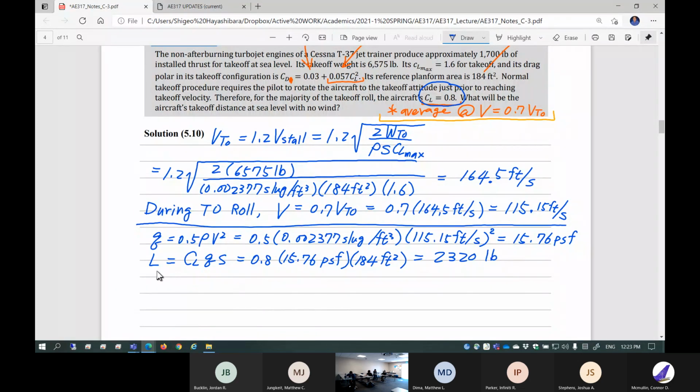And then we do know CD, this is the drag polar, is given by CD0 plus K times CL squared. CD0 is 0.03. K is 0.057. CL, we just found CL is 0.8, 0.8 squared. So CD is 0.0665.